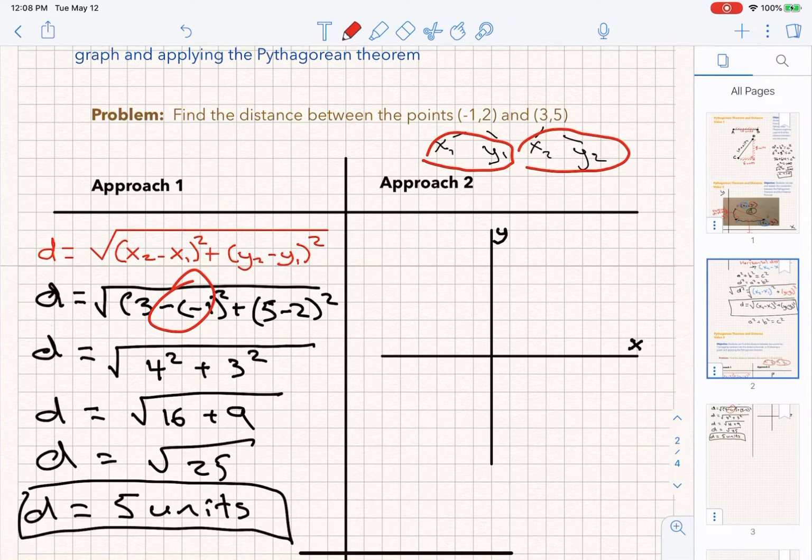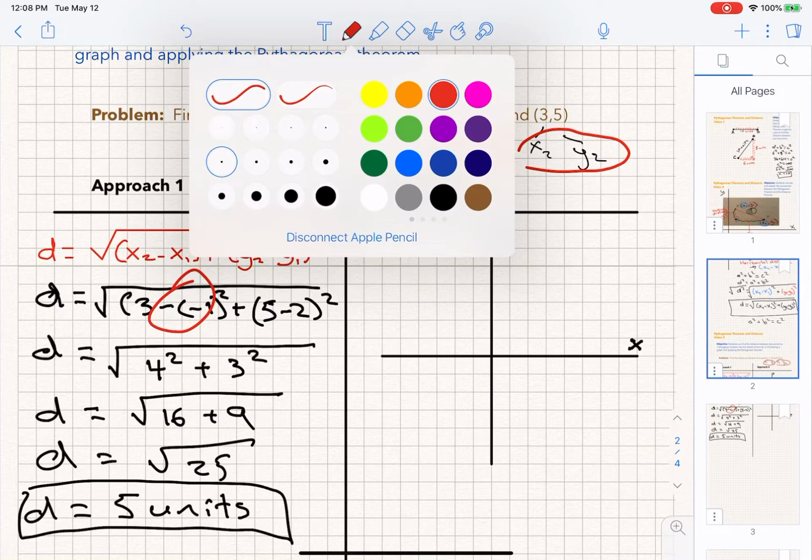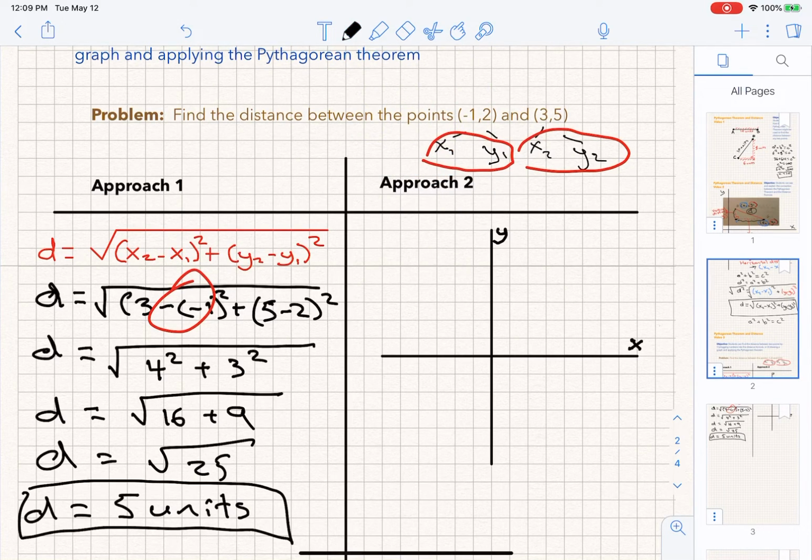So for me, probably a better approach, and again, everyone's different, would have been something that's a bit more visual and conceptual like this. You could say, graph the points, -1, 2. Here we go. We start at the origin here. Here's the origin. We're going to go 1 left and 2 up.